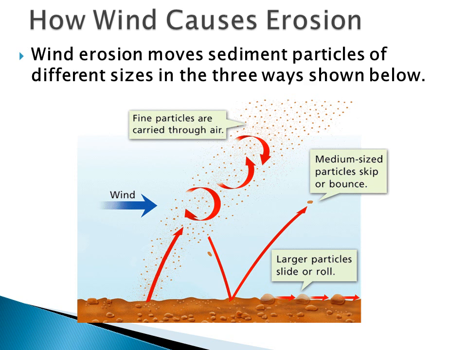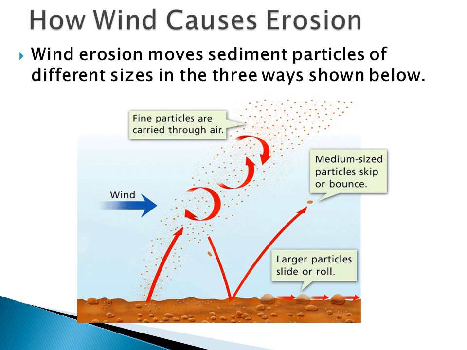When wind blows over the land, it picks up the smallest particles of sediment. Then, the stronger the wind, the larger the particles it can pick up. Slightly heavier particles such as sand might skip or bounce for a short distance, but sand soon falls back to the ground.